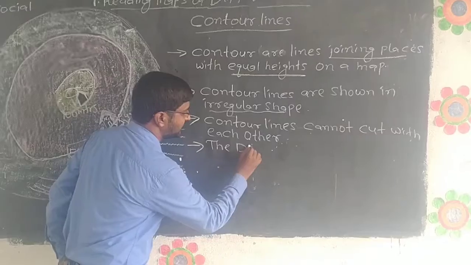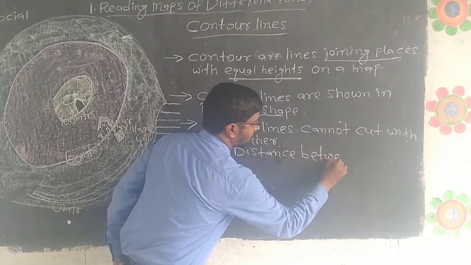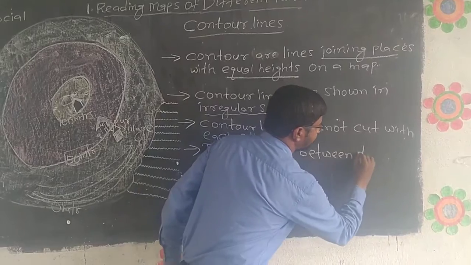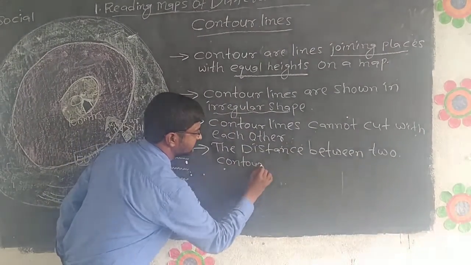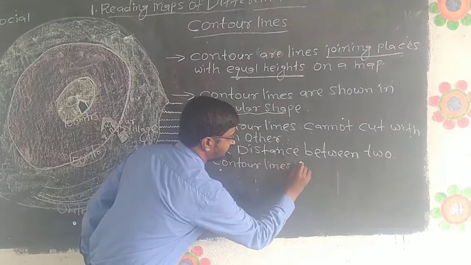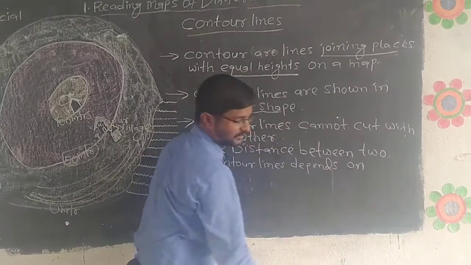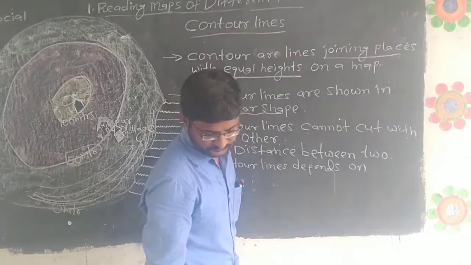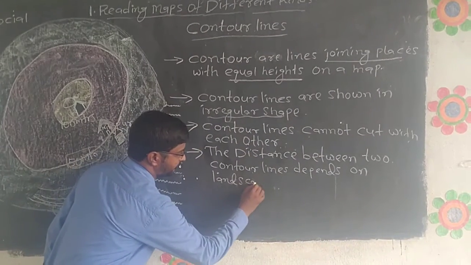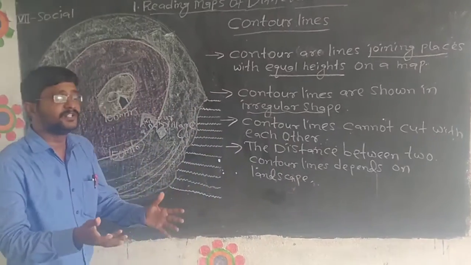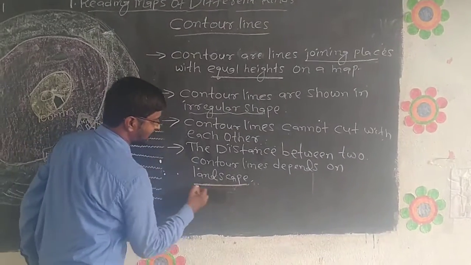The distance between two contour lines depends upon landscape.